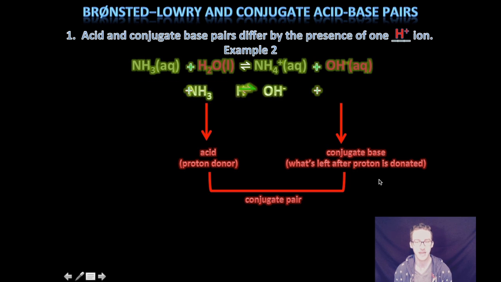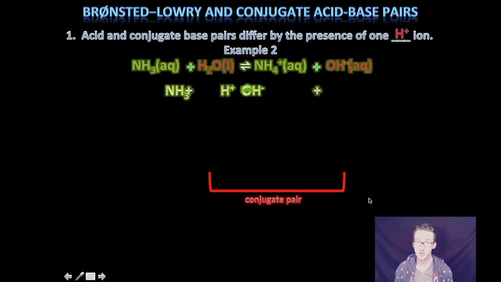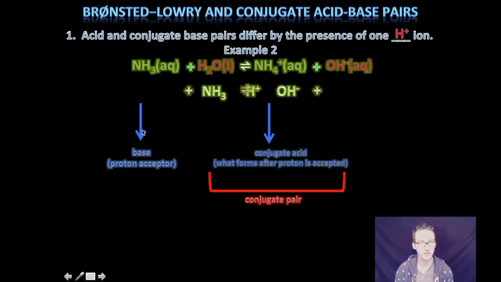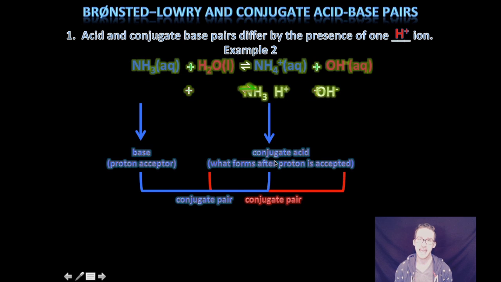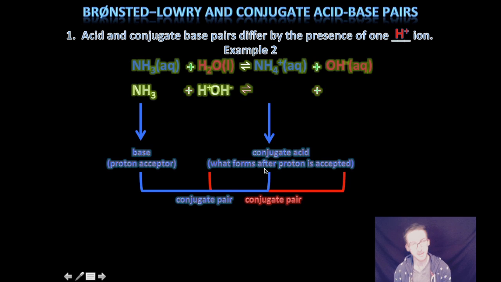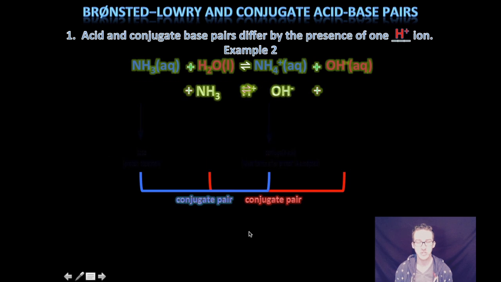It's what's left after the proton is donated. As you look, there's another acid-base conjugate pair. The ammonia molecule is acting as a base, or it is accepting the proton from water. And what forms, the ammonium ion, NH4+, is its conjugate acid. That is what has formed after it has accepted a proton. So we have two conjugate acid-base pairs here.